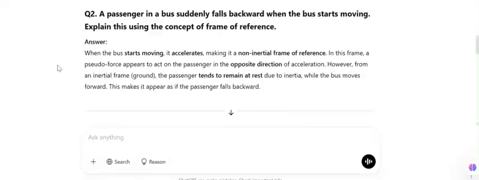Now this makes it appear as if the passengers are falling backward, since they are still while the bus is moving. So that's why the passenger feels like they're falling backwards.